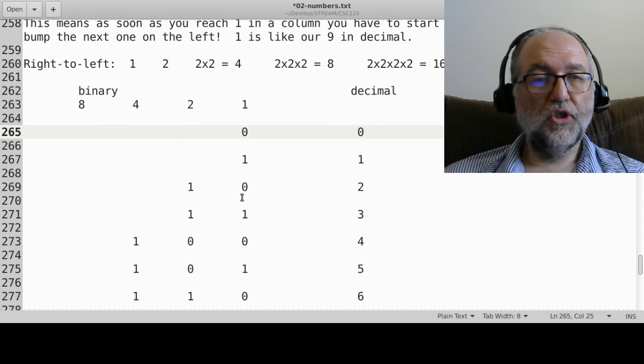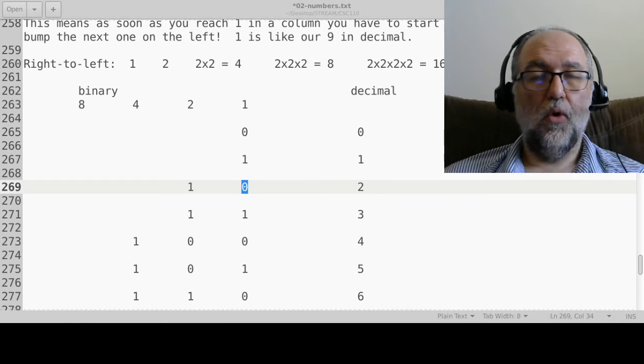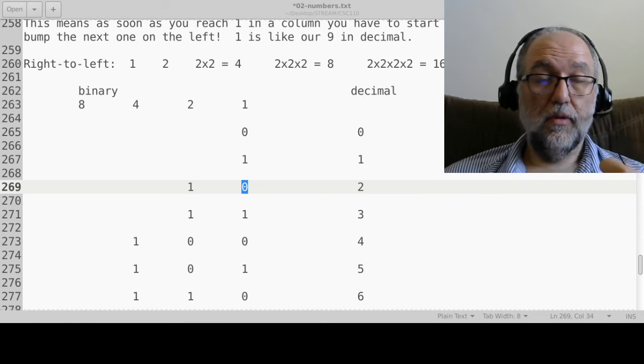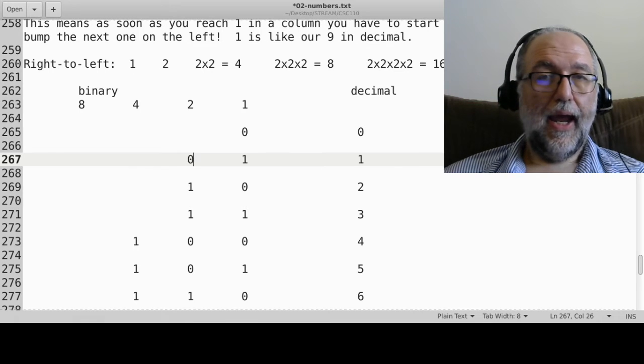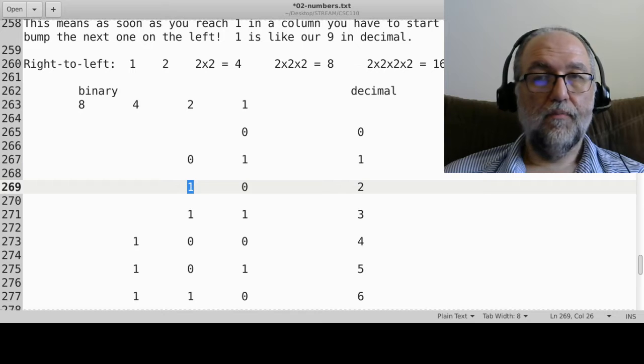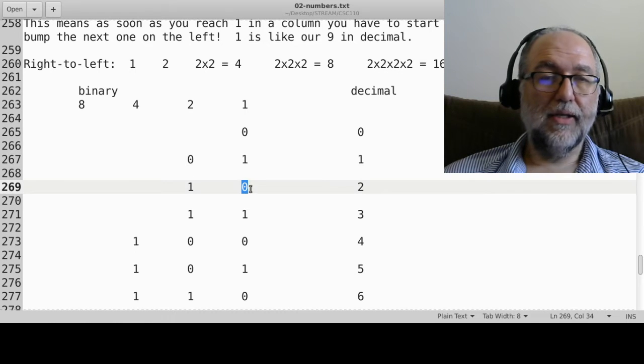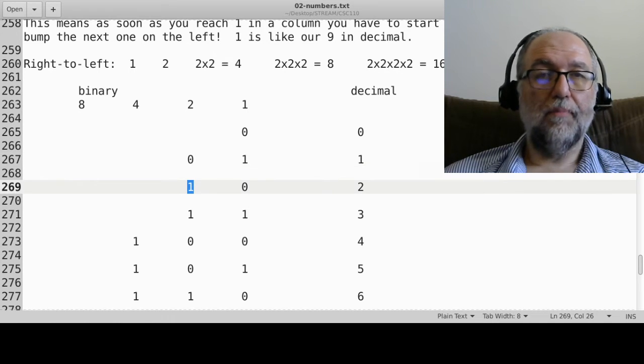And so when you're at that 1 and you rotate back to 0, you have to bump up the next column. That column was a 0 before. And that 0 has to get bumped up to a 1, and there it is. So when the 1 rolled back to 0, this 0 had to be bumped up to a 1.